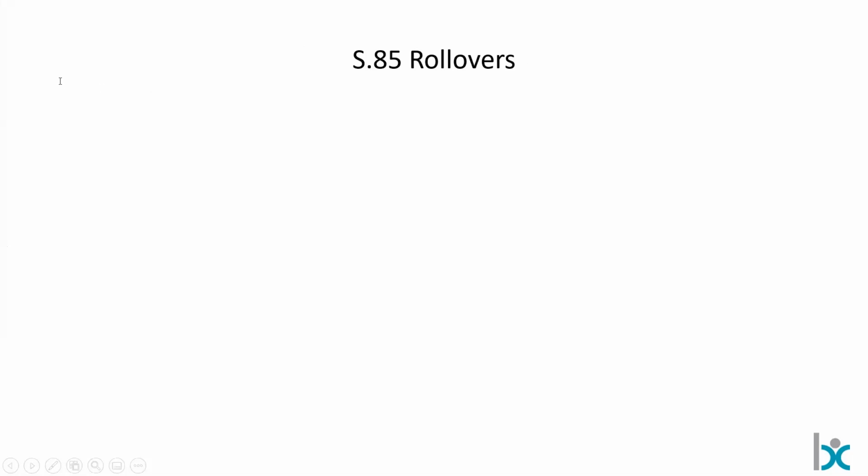Okay. Here is my scenario then. I have Kevin here, and Kevin is the 100% owner of a small business, owns all the shares, and the shares have an ACB of 0.